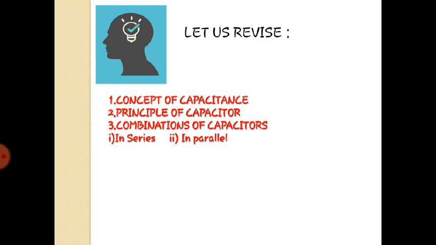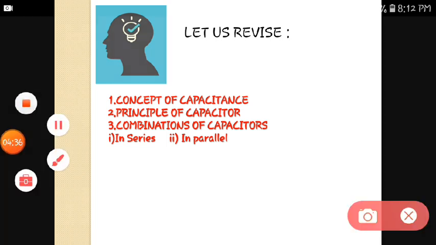Now we have seen combinations of capacitors also. What were the combinations? Similar to resistances, we have connected capacitors in series and also in parallel, and we have derived some formulas for that.